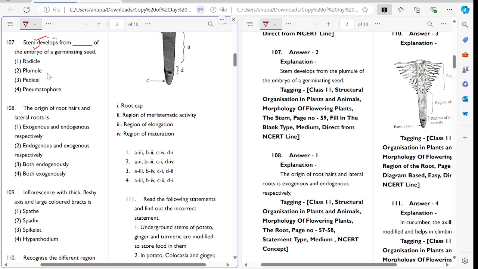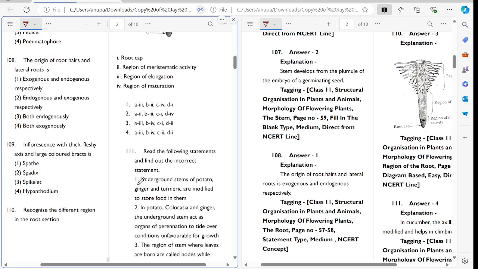Options are radicle, plumule, pedicel, and nematophore. So the answer will be option 2. Stems develop from plumule and roots develop from radicle.